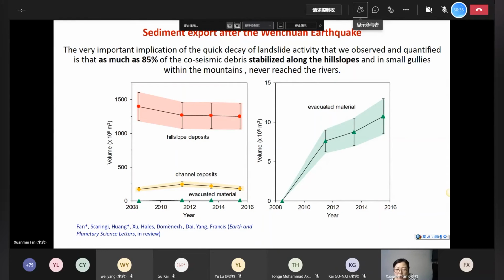So that means in the past 12 years, the debris flow sediment transport that already occurred only transported about 10% of the deposits outside of the catchment into the Minjiang River, and 5% are stored in the channel, and about 80% are on the hillslope. So that's why we still have debris flow activities continuing longer than post-seismic landslides.